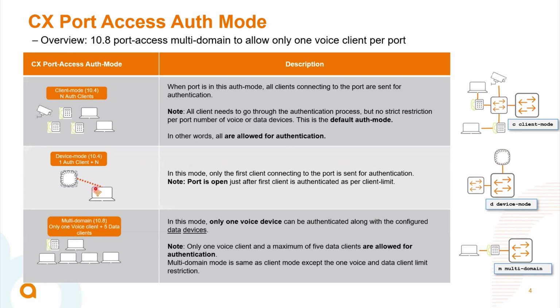All the rest of the clients connected beyond that one will just have the port open and will have access. That means it will not send any access requests for those clients to the RADIUS server. But remember, the port is open for all those clients. In client mode, all the requests will go, and then only the client will be authenticated.